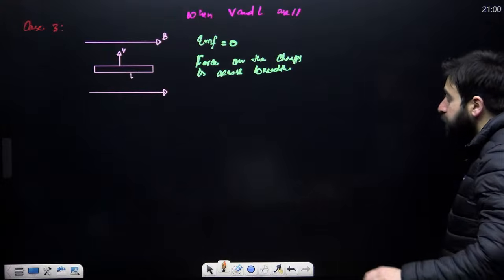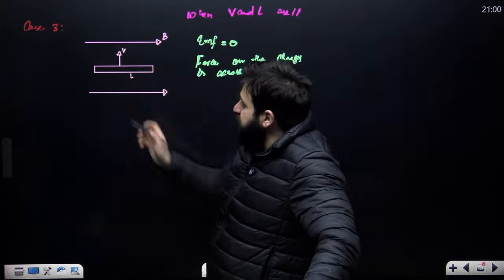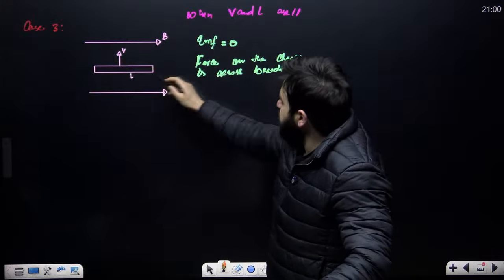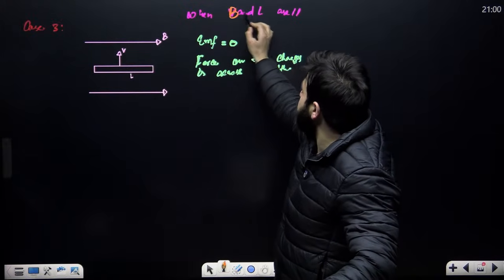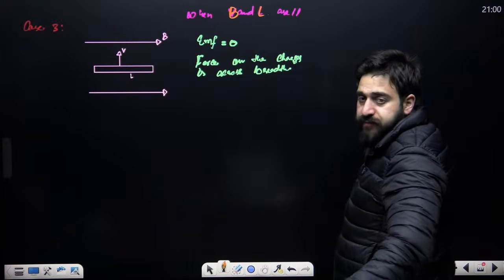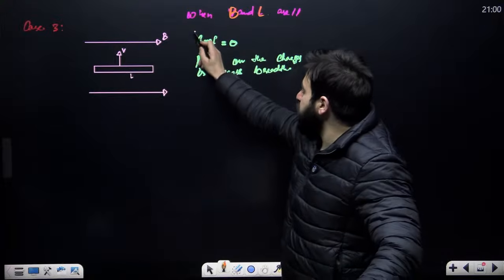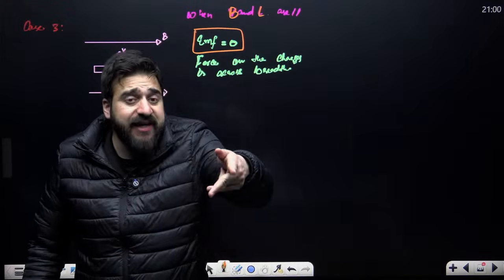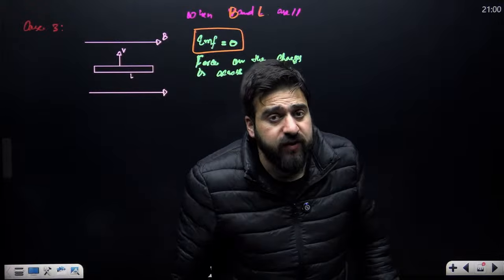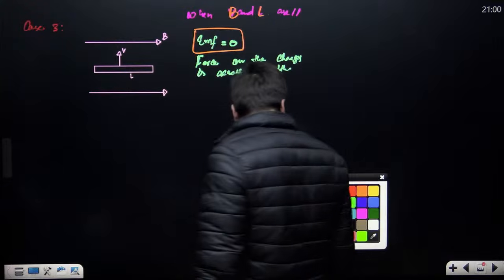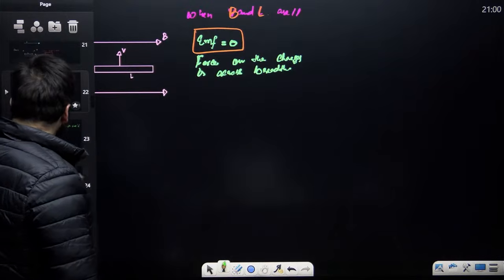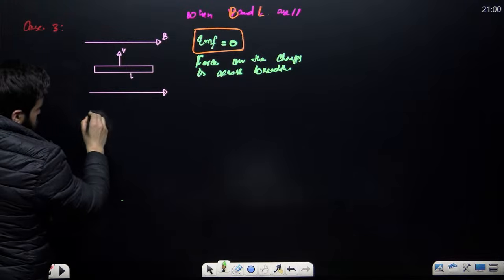Cool. Even in this case, my dear NEET aspirants, length and magnetic field are parallel. In this particular case also, EMF will be 0. So if any two of them are parallel to each other, EMF will be 0. So can I say all the three, B, L and V, must be mutually perpendicular to each other?